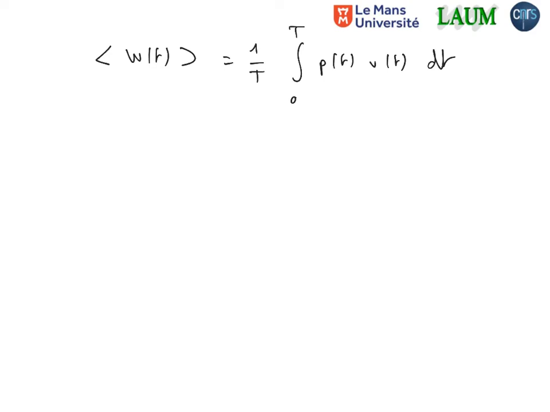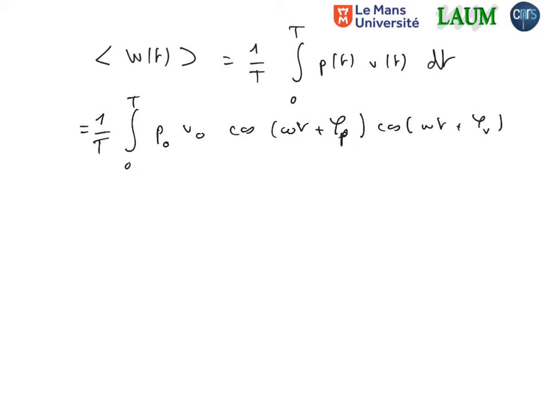We can compute this in several ways, and one thing not to do is to skip the complex notation and say that this is 1 over T times P0 V0 cosine of omega t plus phi p, multiplied by cosine of omega t plus phi v, dt.